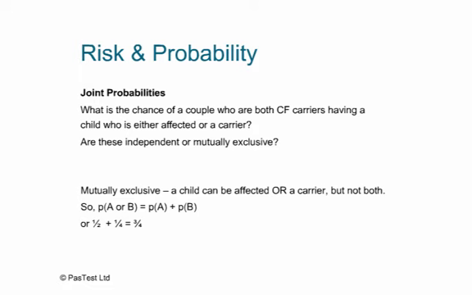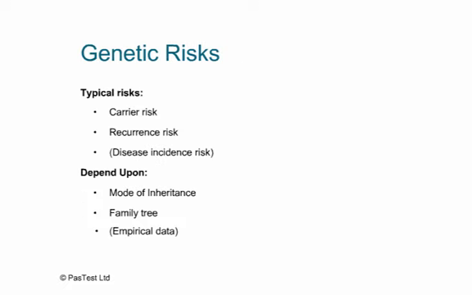So, genetic risks: typically you're asked about carrier risks, the chance that a child or offspring will be a carrier, and recurrence risk, the chance that in a family where one individual's been affected, there'll be another affected individual. There are sometimes questions in the real world about disease incidence risk, but these tend not to come up in the exam.